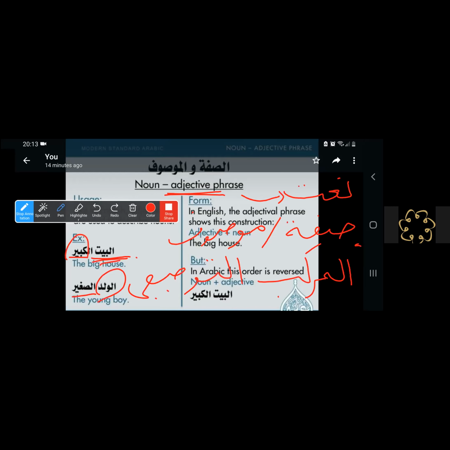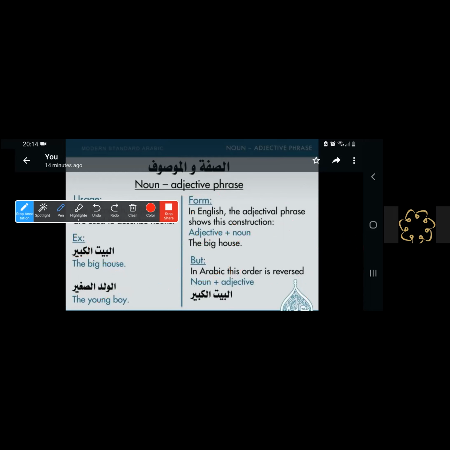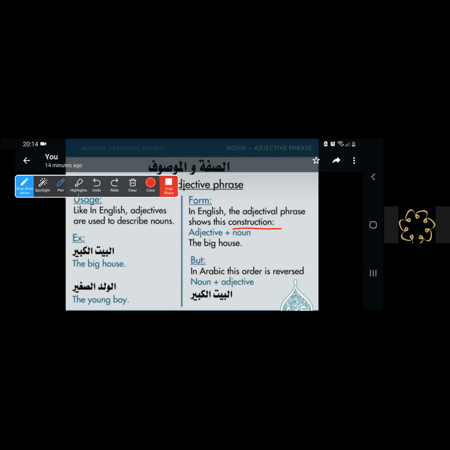مركب means two. تمام؟ مركب يعني two. It cannot be one. So مركب is a name of something made up of two nouns. Like you are saying big house. You are telling us one thing but made up of two words. In Arabic, مركب توصيفي. Now you can see in English the adjective type, construction, how it's formed, adjective plus noun.